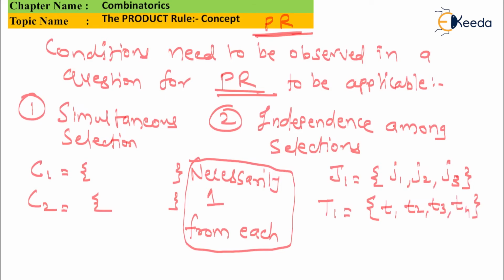Independent of what genes you selected, you had the same choice for all the t-shirts. There was no restriction as to say that if I select these genes, then such kind of t-shirt I will not go for at all. So there is no dependence or connection between the two objects. When you are selecting X and Y, X has nothing to do with Y.